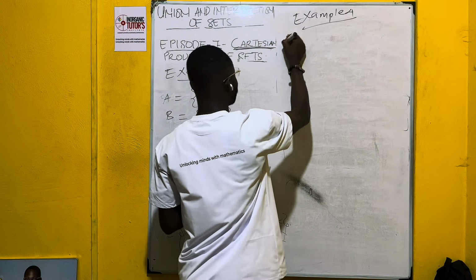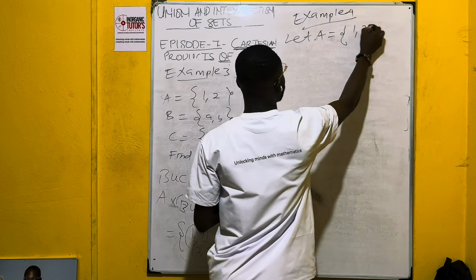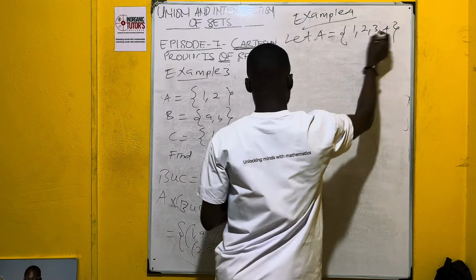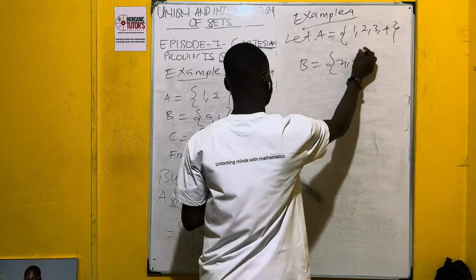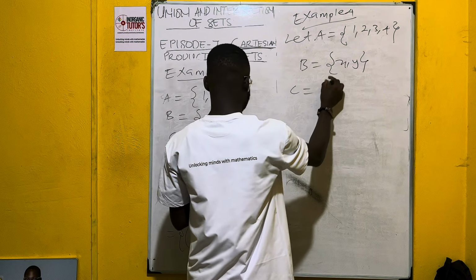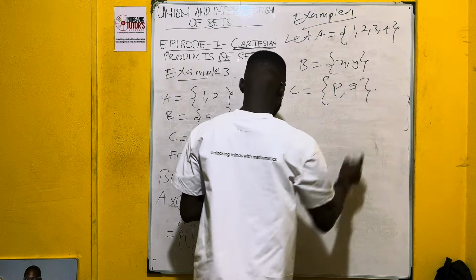Example 4. Let's say that we have A equals 1, 2, 3, 4, right? And B is equal to X, comma Y. And C is equal to P, comma Q. Right.